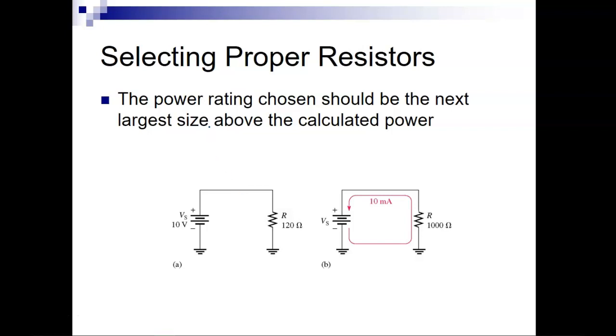So 83 milliamps. Multiply that by 10 volts and you get 830 milliwatts. Does that make sense?